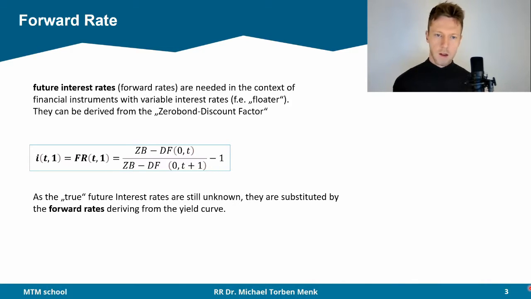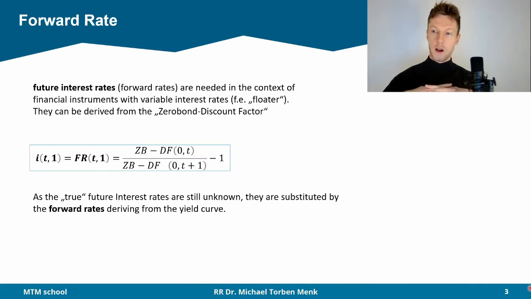But this is not objective, it's subjective. If you are just thinking about what kind of interest rate could actually be in the coming years, for 1 year in the future, for 2 years in the future, for 3 years in the future, it's not objective. But what we can do is derive a kind of objective interest rate from the yield curve, and I come to the yield curve on the next slide.